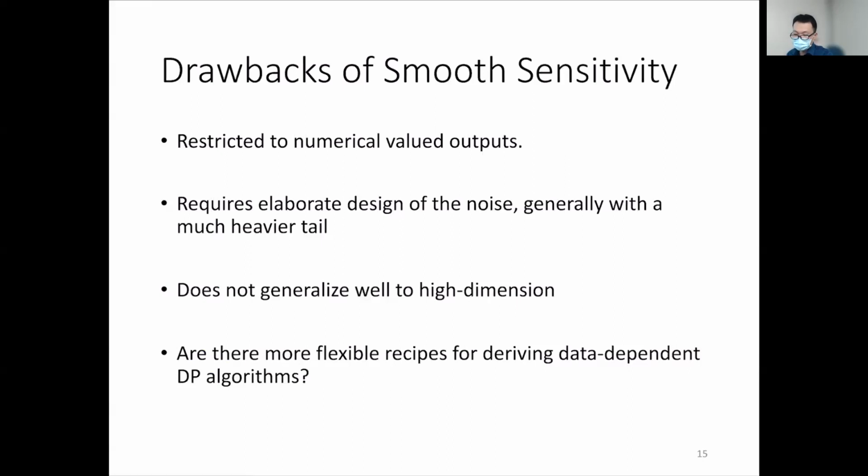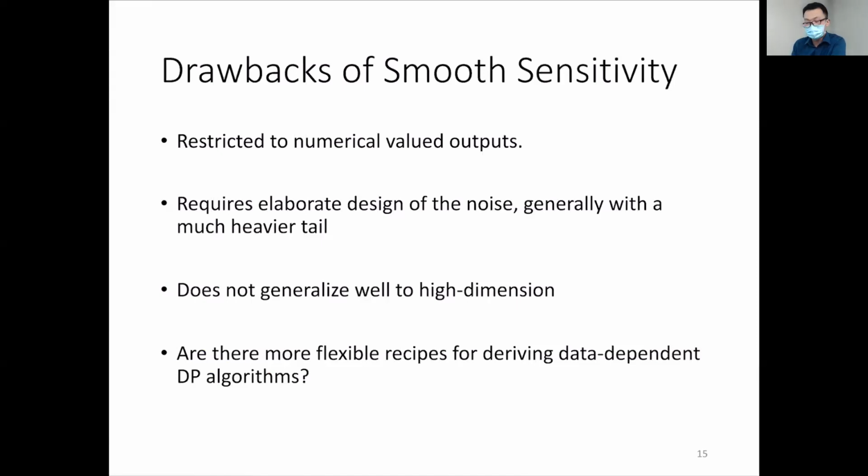It also requires very careful design of the noise, and often a very heavy-tailed noise like the Cauchy distribution or Student's t distribution, to achieve a very strong privacy guarantee. We didn't talk about high dimensionality, but if you stare at the dilation and translation properties of the Laplace noise, Gaussian noise, and this more carefully designed noise, you will realize that these methods do not generalize well to high dimension.